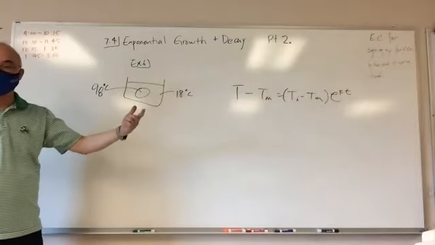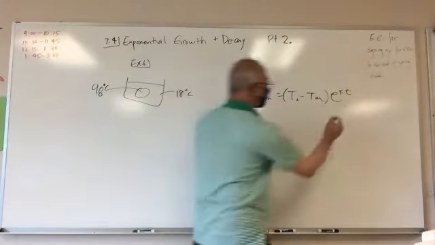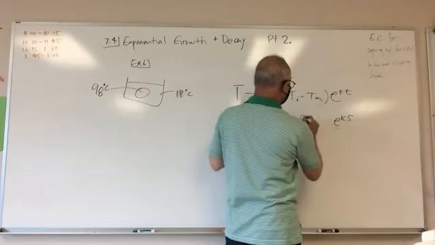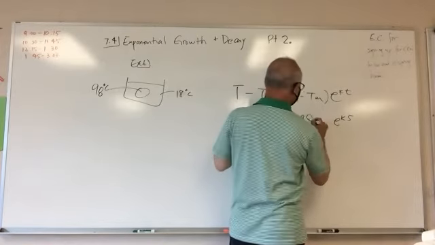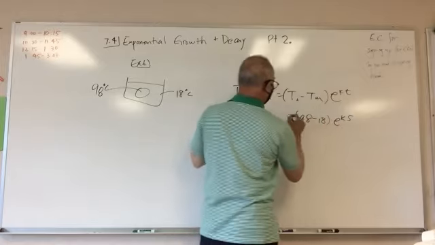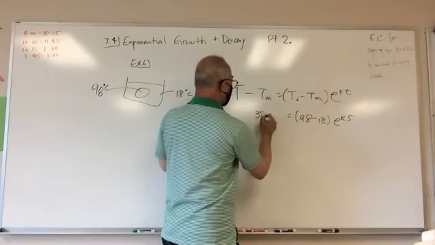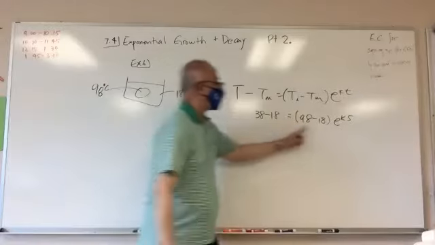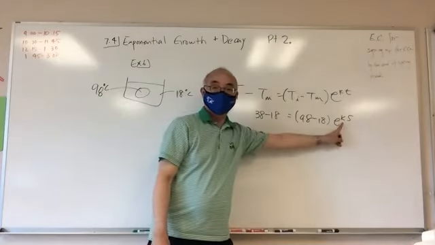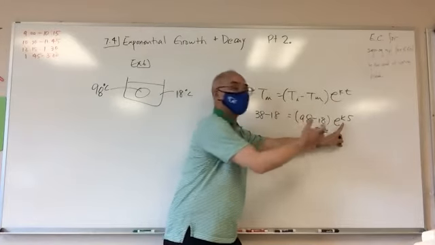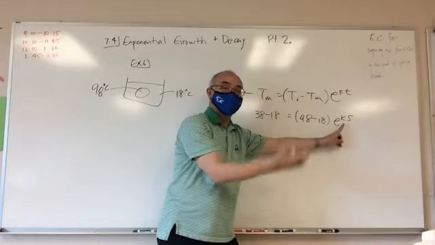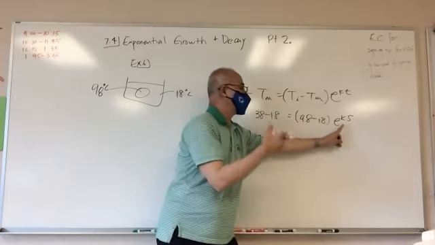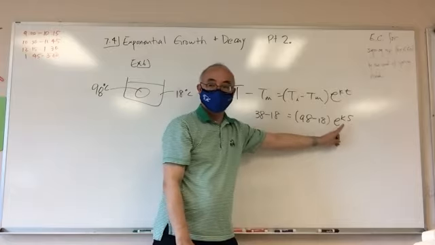At 5 minutes, I started out at 98 minus 18, and I'm going to end up at 38 minus 18. I can solve for everything. The only thing that I don't know is K. So really they're giving you a mechanism to solve for K. This information is giving you the value of K.